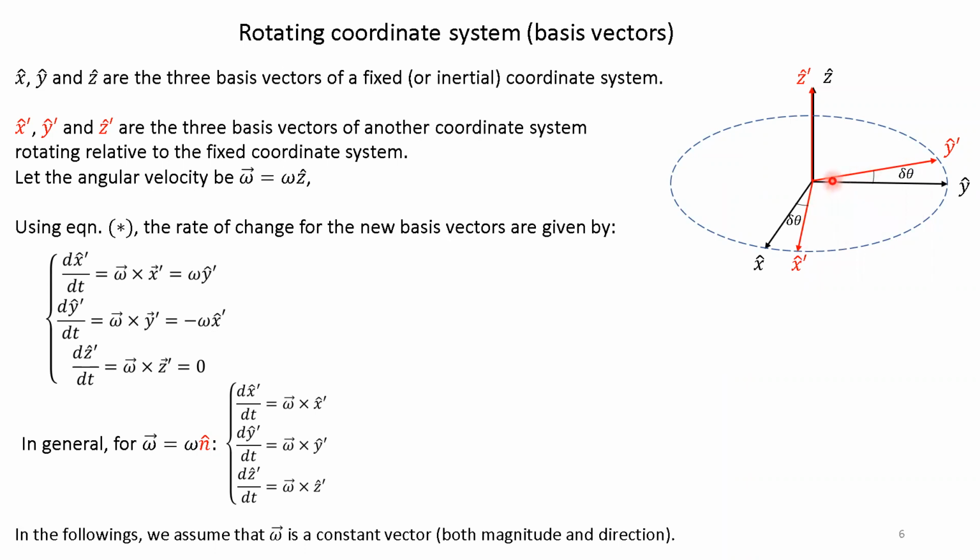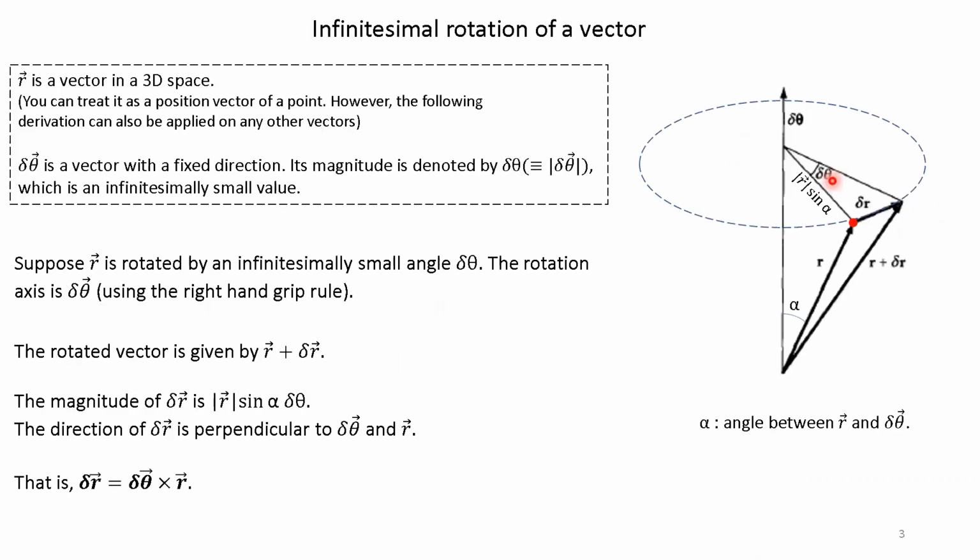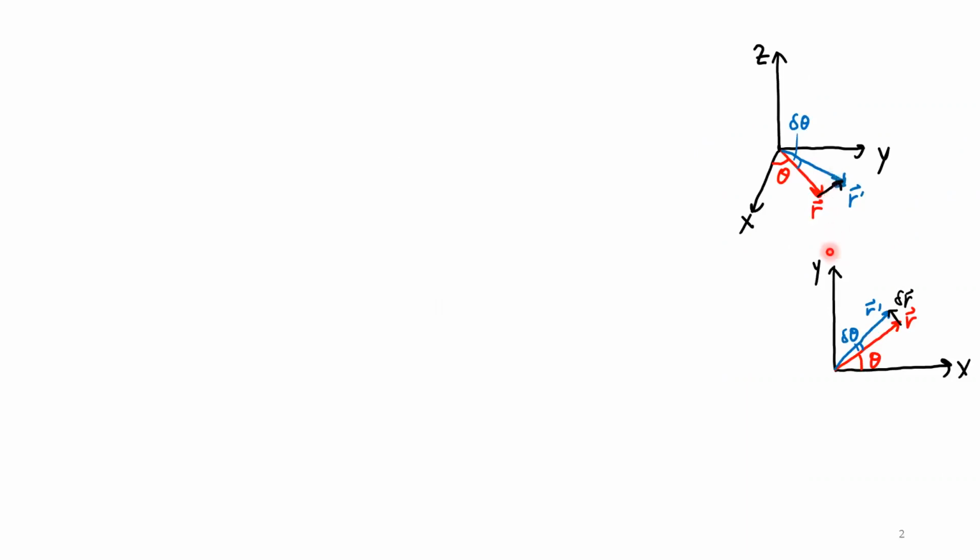Now let's get back over here. Before I talk about rotating coordinate systems, first let's review the rotation of a vector. Here you can see this diagram. The xyz is a fixed coordinate system, and I have this red vector.